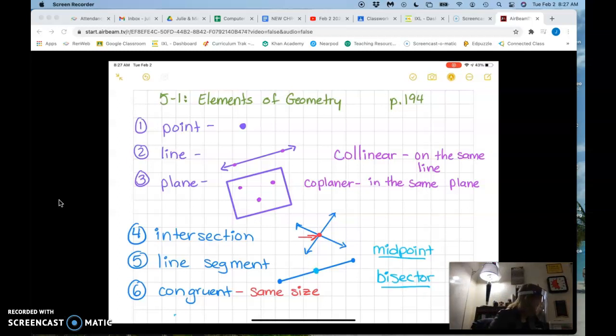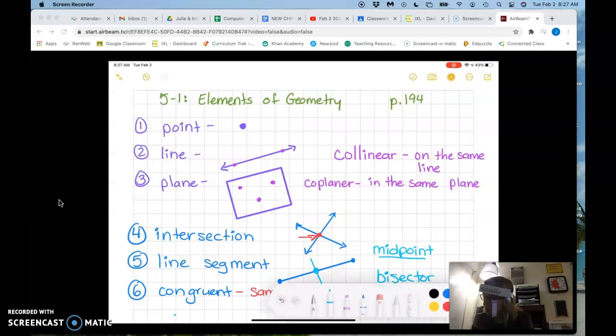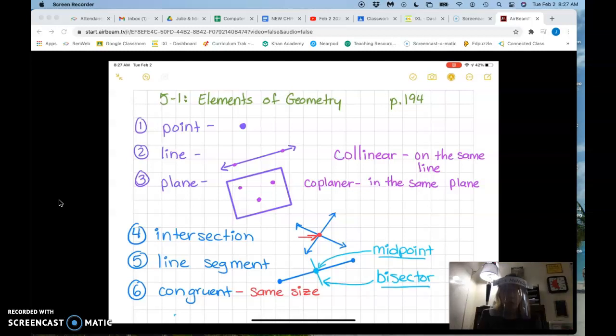It says that it intersects the segment at the midpoint. So a bisector would be another line or segment coming right through the midpoint. So let me draw some lines. Midpoint is the point and bisector is going to be the line that goes through the midpoint.